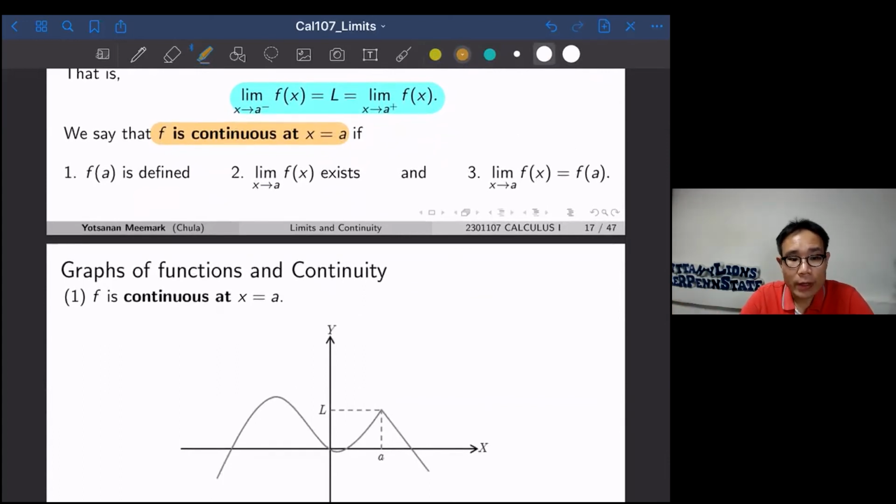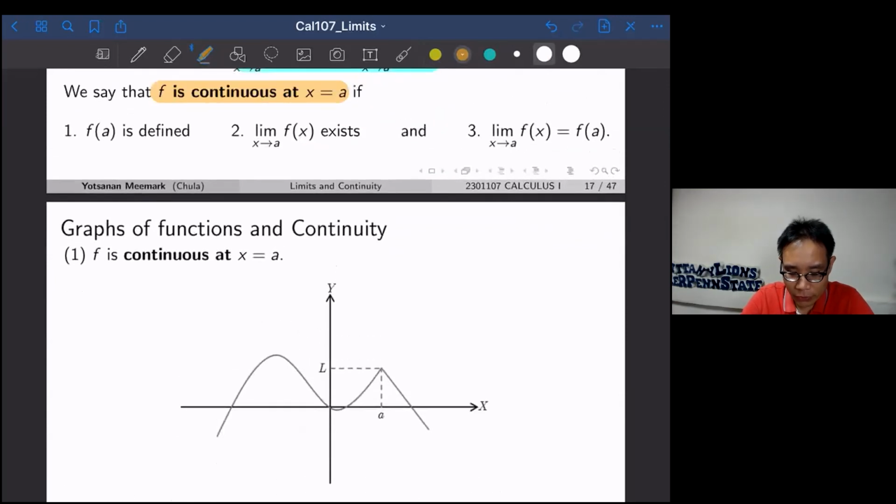Let me conclude everything from the graph first. The graph of the function and continuity. So you're gonna have f is continuous at x equal to a. You see that the graph will look like this one, and you'll be able to walk along the graph at the point a without any jump or without any hole.